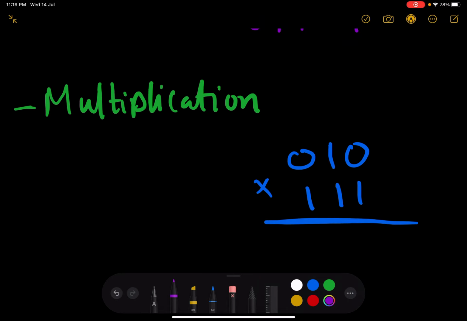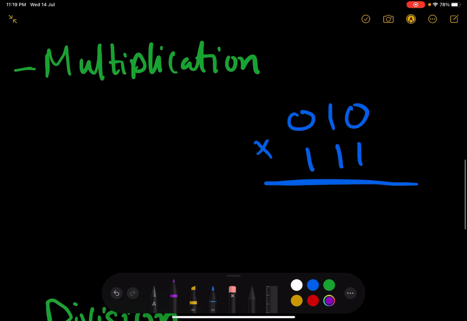The multiplication actually is very similar to the one that we used to do with decimal numbers. Each time we're going to take the first digit, multiply all digits of the first number, and then you add an extra zero, then you multiply, then for the third number you add 2 zeros, and so on.